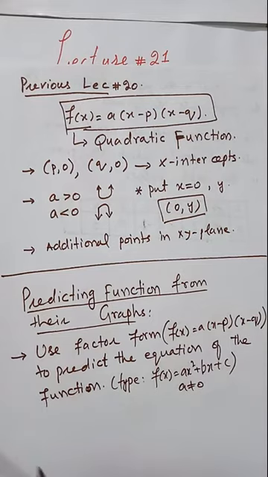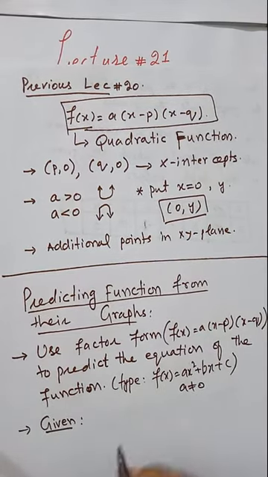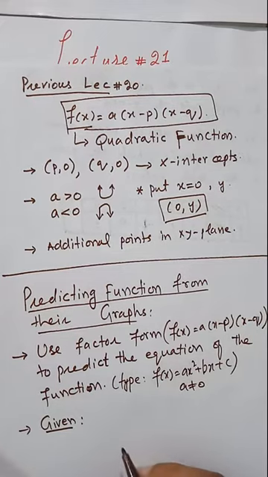Okay, now what will be given? In this case, we are given 2 points which are the points where the graph cuts the x-axis, and the third point will be such a point which lies on the graph, which lies on that parabola.